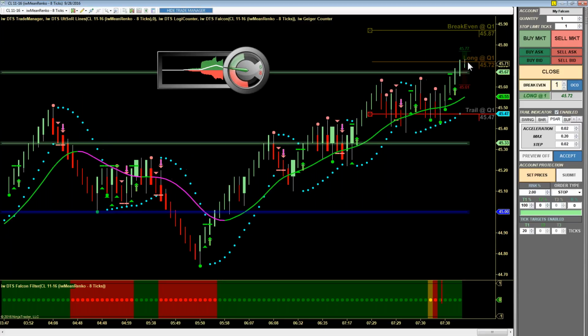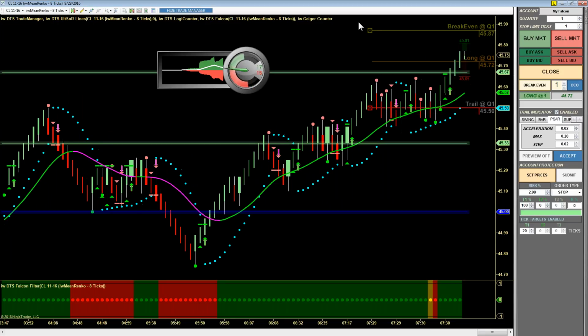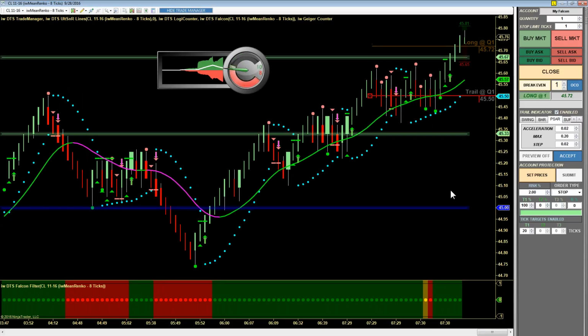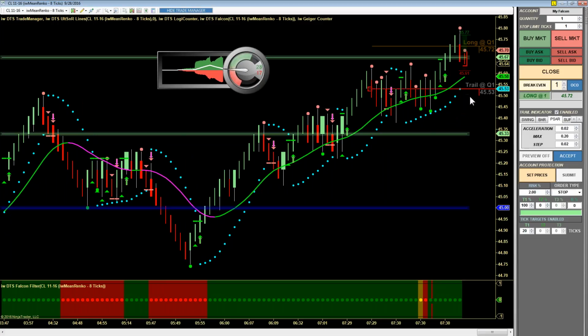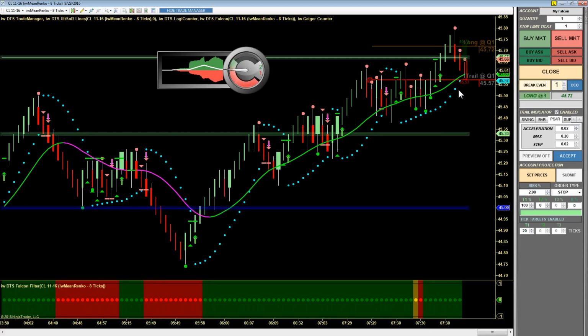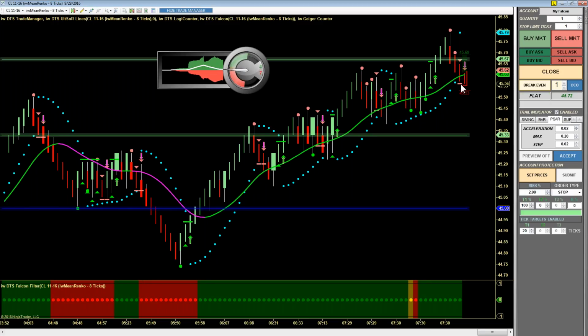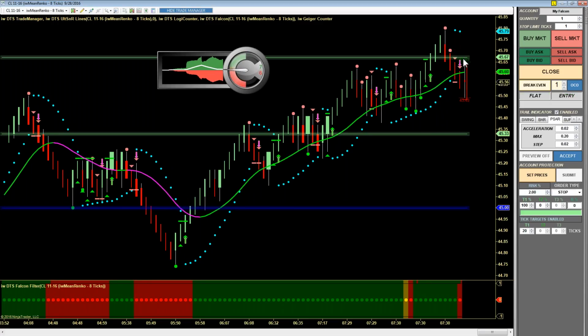All right, so we're long, and I'm going to delete the break-even trigger here for a second. Hopefully you notice that the trade manager grabbed my stop and is now starting to manage it to the parabolic strategy. Now this is a very aggressive strategy, but I just wanted to show you how it actually grabs the stop and starts to roll it up.